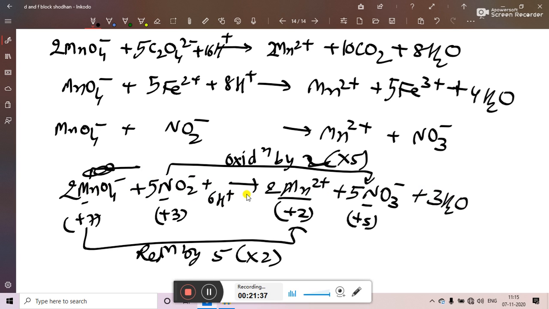So this is the balanced equation: 2MnO4 minus plus 5NO2 minus plus 6H plus gives 2Mn2 plus plus 5NO3 minus plus 3H2O.